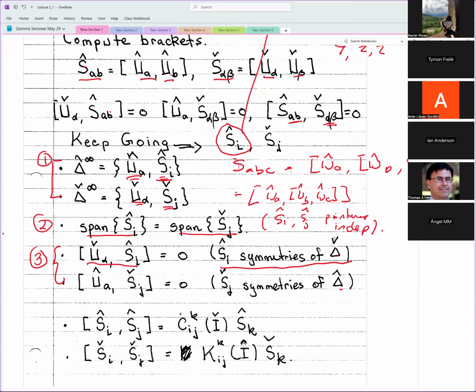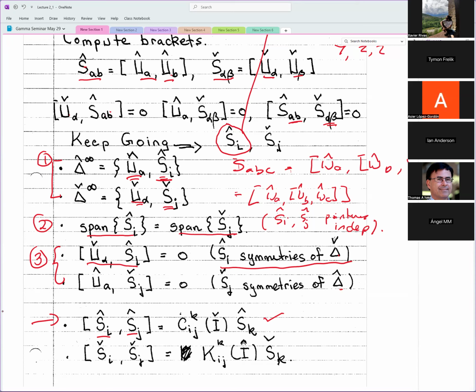The next calculation, property not so hard to show either, is if I bracket two of the S hats together, I get another S hat. Well, that's just a definition of completeness because I took as many brackets as I needed to close up a system.